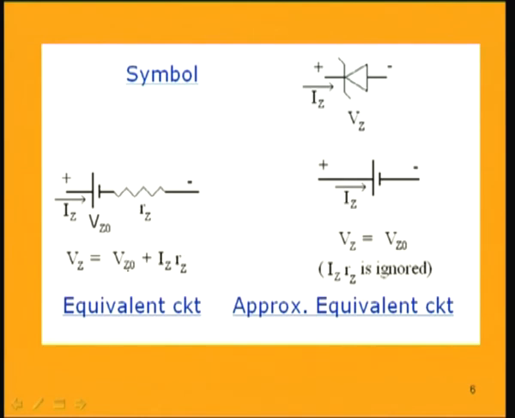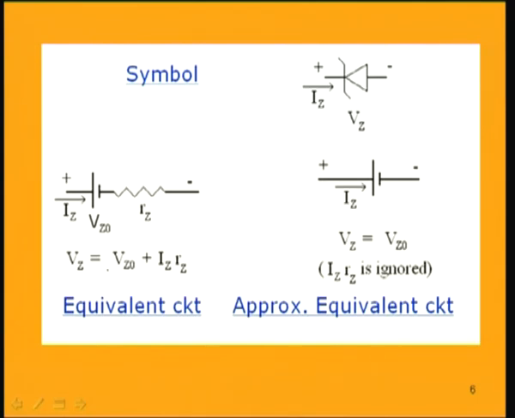This Vz0 is constant because this is the point where the linear characteristic intersects the voltage axis, but for different operating points on the reverse breakdown this current Iz will vary. So, the drop Iz Rz will also vary.